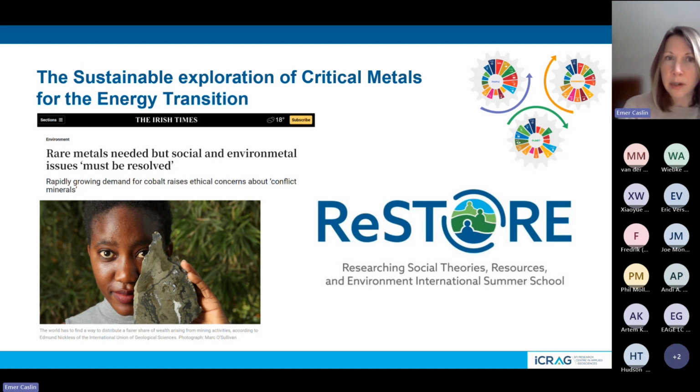As well as that, there are things like the importance of critical metals for the energy transition. Working on the narrative of mining, again, in publications, in surveys that are done with the public. There's a lot of talk of mining being dirty and things like that, but actually trying to change the narrative towards the importance of exploration of critical metals in order to supply the green energy transition.